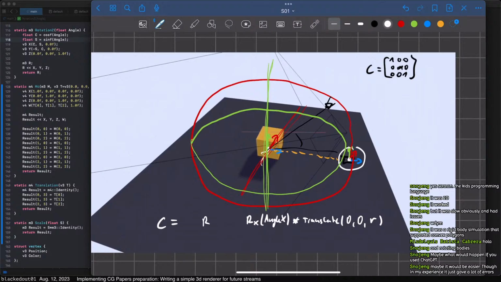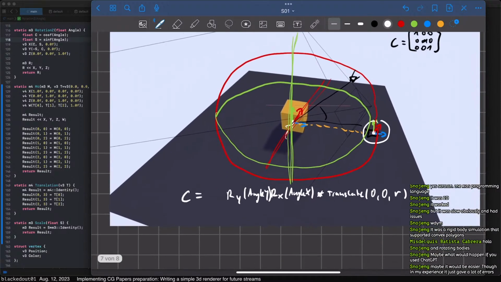So here I can write rotate y, and then angle y. Yeah, so that's basically, I think that's enough for now.